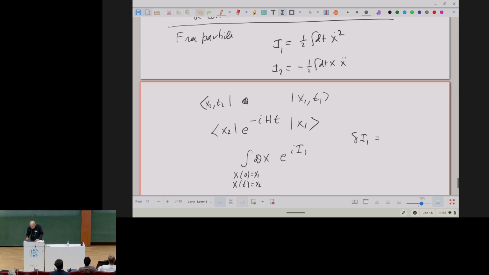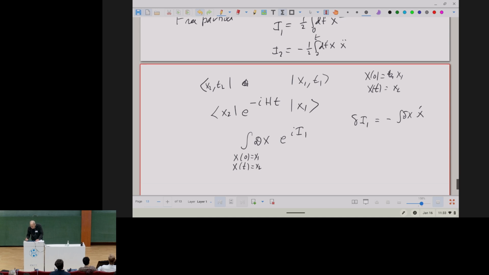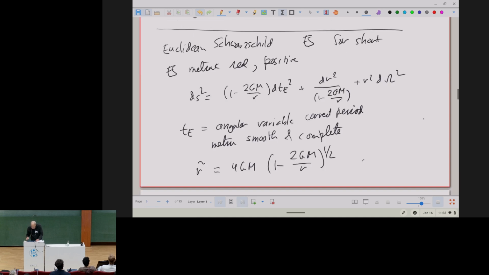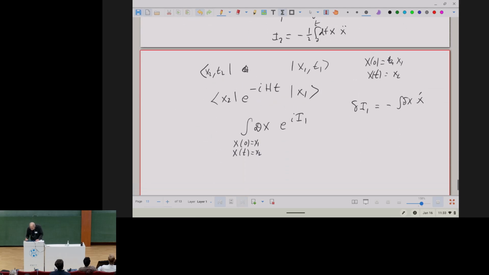With I1, first of all, it works. You learn that the variation of I1, assuming the boundary conditions x of 0 is x1, x of t is x2, and the action is an integral from 0 to t, is the integral of the variation of x times x double dot. So a critical point of I1 that obeys the boundary condition is just a solution of the expected classical equation of motion.